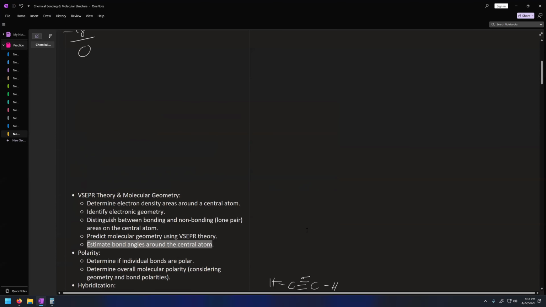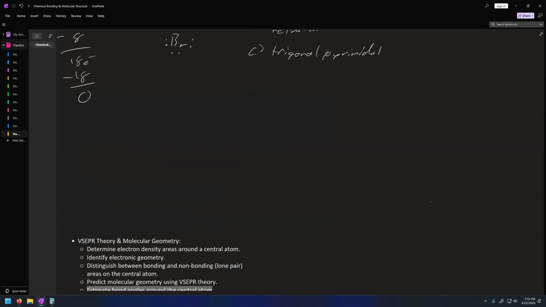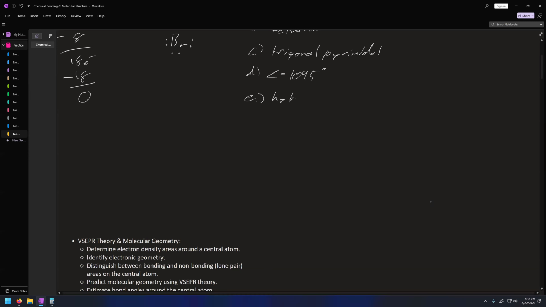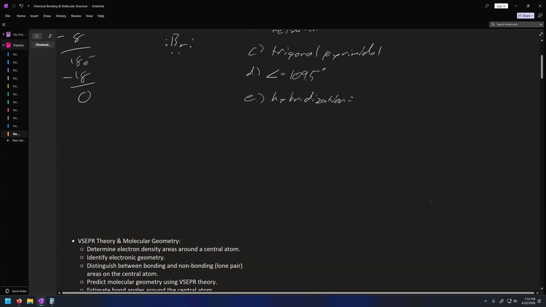So our hybridization and bond angles: the angle is equal to 109.5, and the hybridization is sp3.